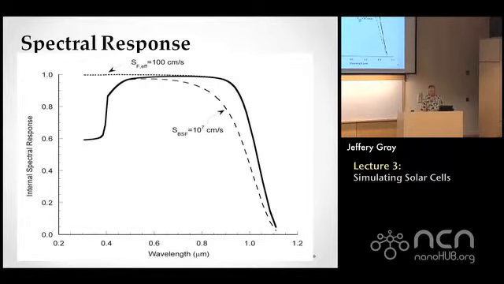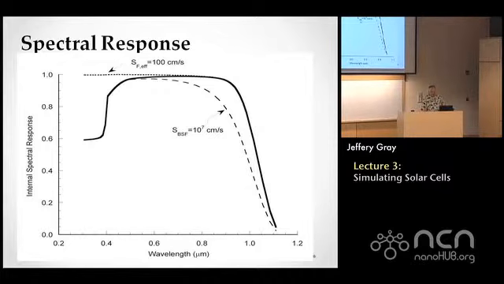This is with the back surface field on here, so it's not doing very well with the high energy photons. But if you were able to passivate that front surface and get the front surface recombination velocity down to 100 centimeters per second, then you basically get a flat response.